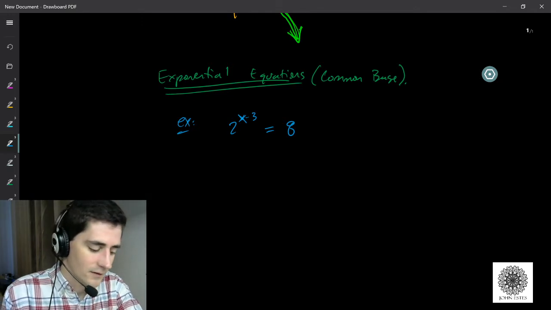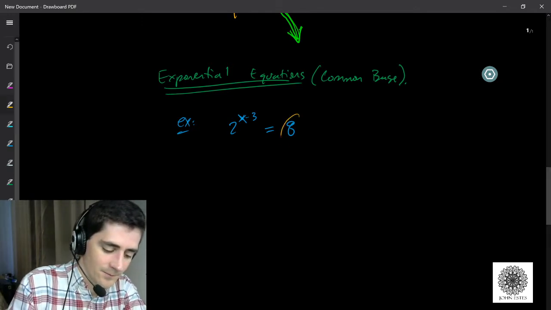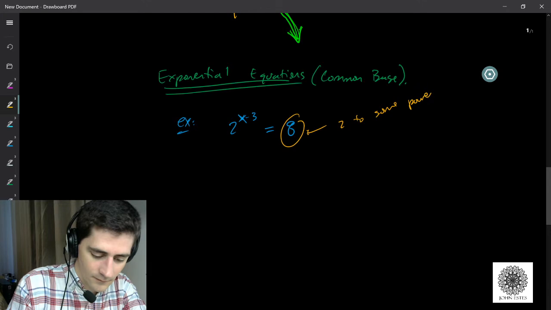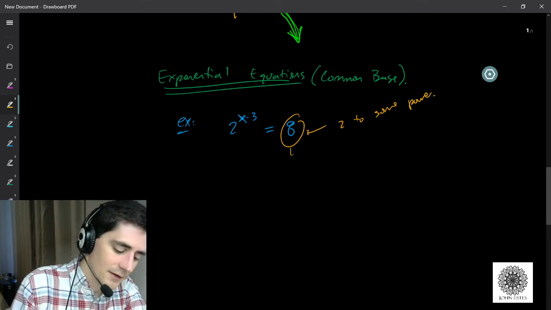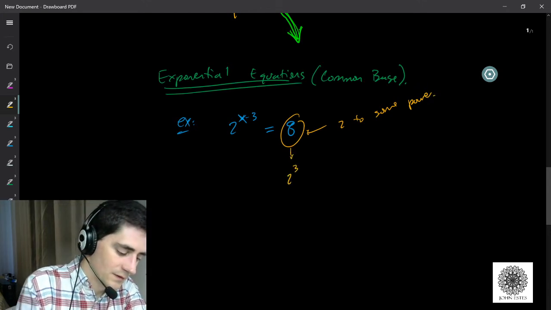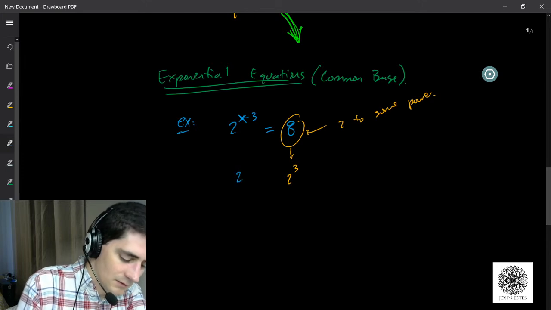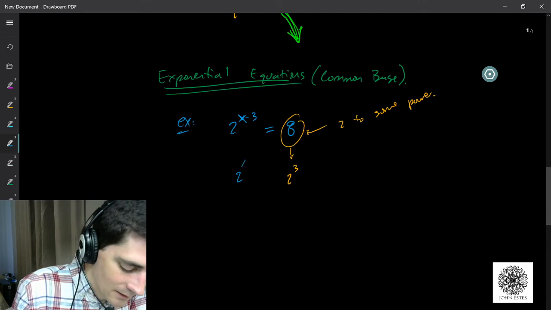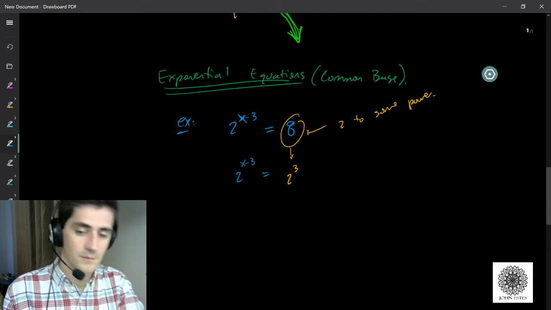I can recognize that the 8 is 2 to some power, right? So I can rewrite that as 2 cubed. So now I have 2 to the x minus 3 power is the same thing as 2 cubed.